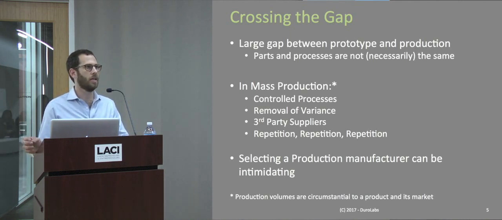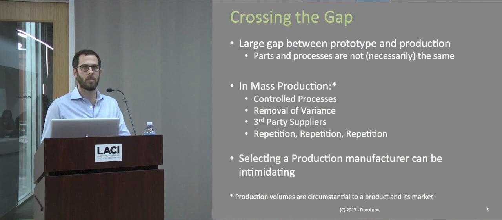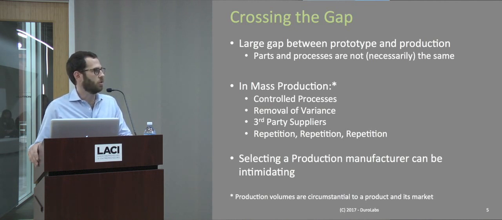All right, so one of the key elements of mass production is it's a much more rigid and controlled process. Your main objective is to remove the variance from these processes. You're also often using third-party suppliers to do all of the steps involved. You might be completely hands-off.